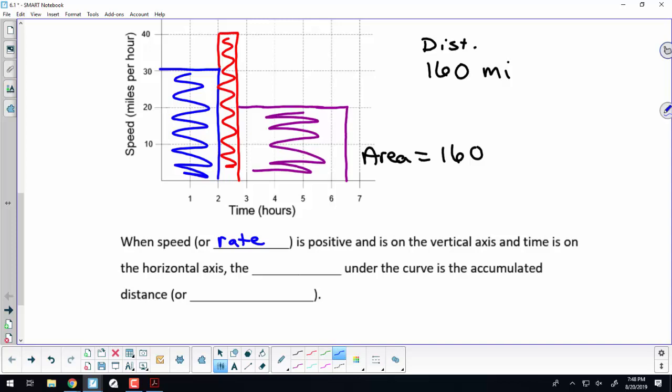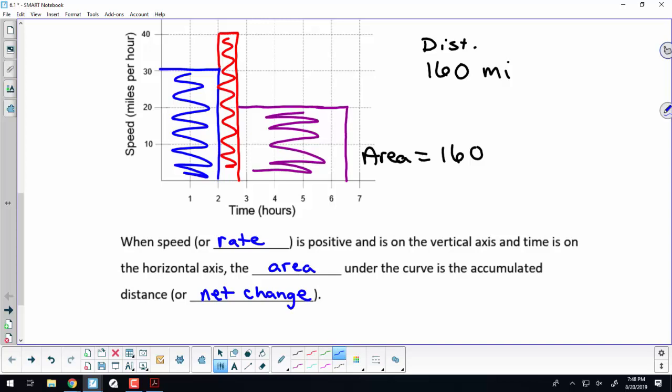So the area under the curve is the accumulated what? Yeah, good, you're on the right track. Displacement. In general, though, what is displacement? It's just a change in a particular thing, a change in position. So the area under the curve is the accumulated distance, or more generally, it's the net change.